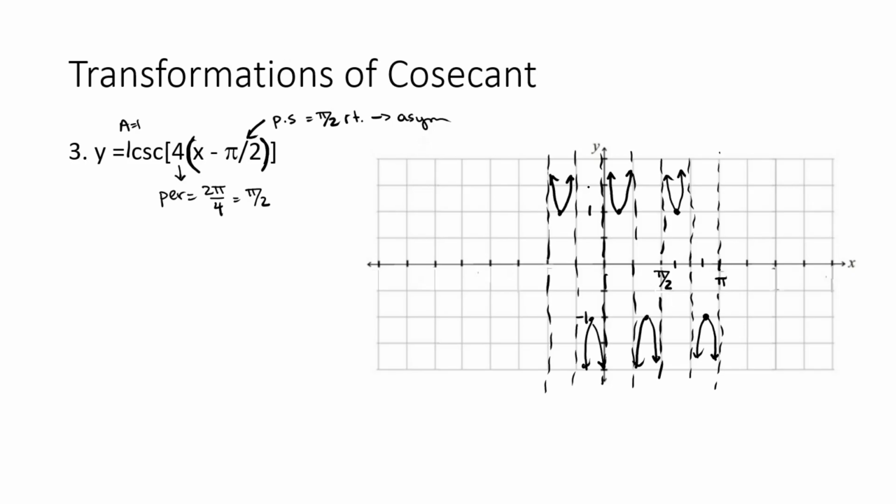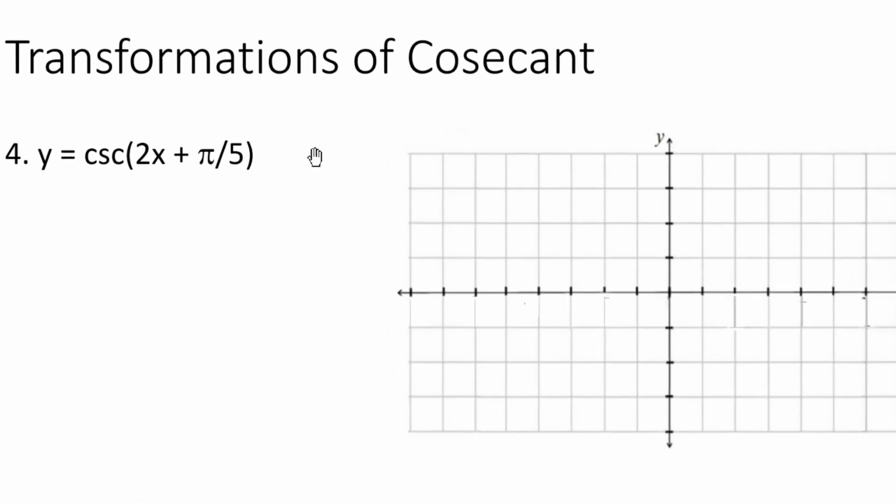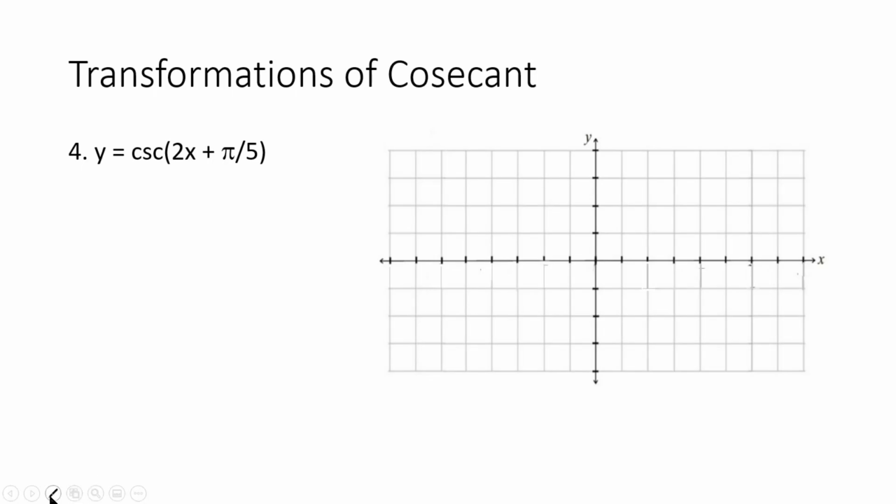All right, so hopefully that helps you understand cosecant just a little bit. On this last example, the only thing you need to remember is that we have to factor out the 2.